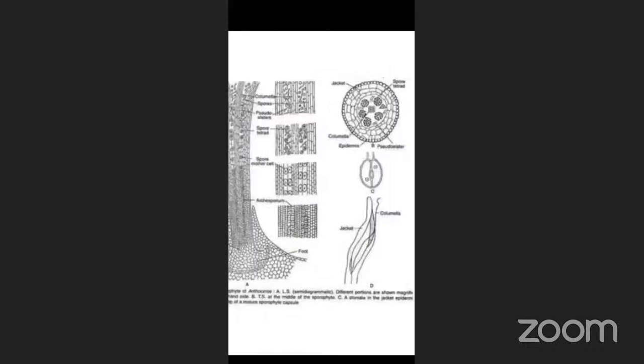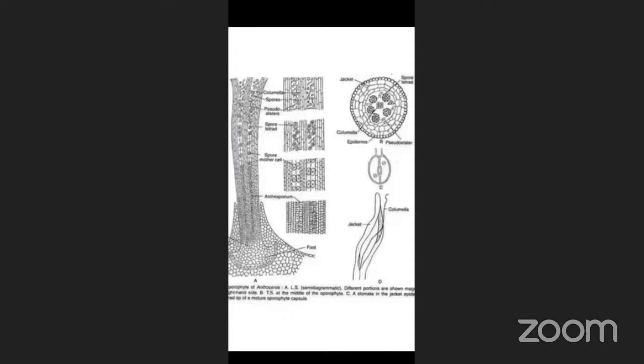So the gametophytic phase produces the male and female reproductive gametes, which fuse in the archegonium.